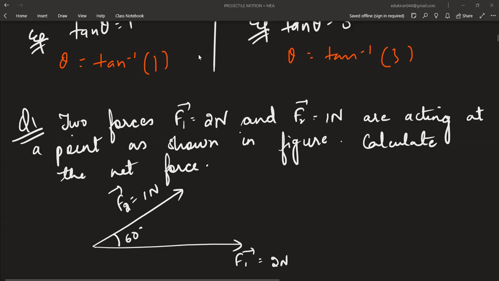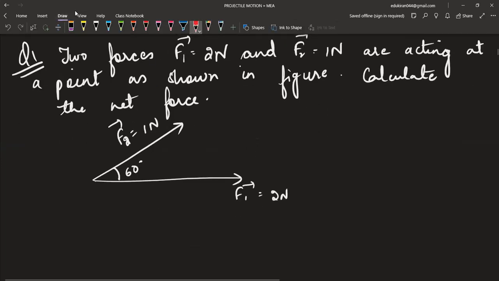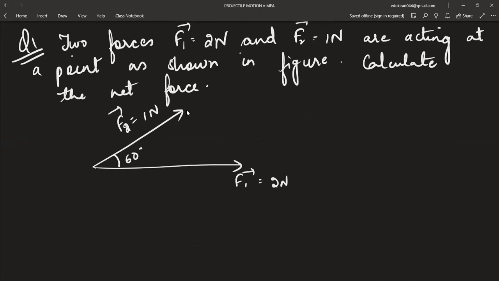Just last question, Jovita. Okay. So see, let us discuss the first step that I have told you. That is completion of the parallelogram. Here we will be getting the resultant. And this would be our angle beta.